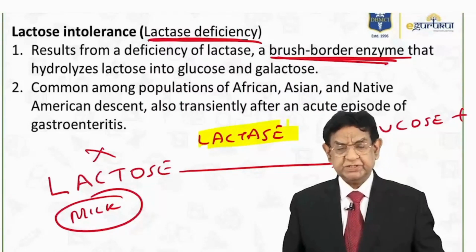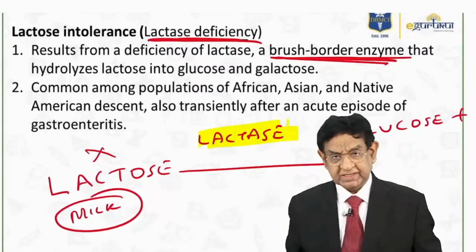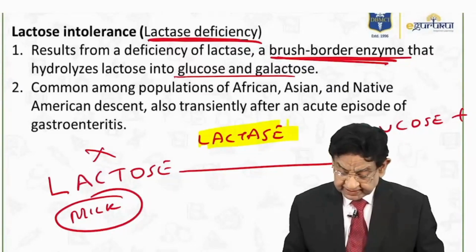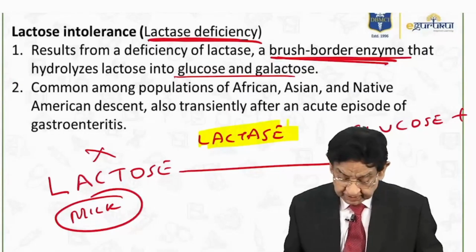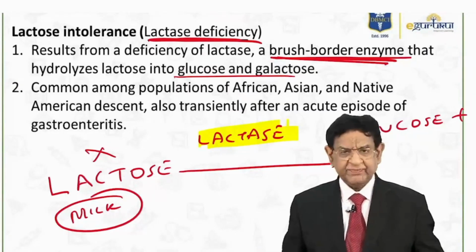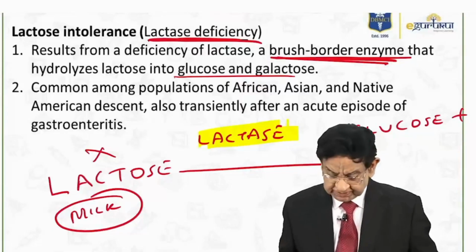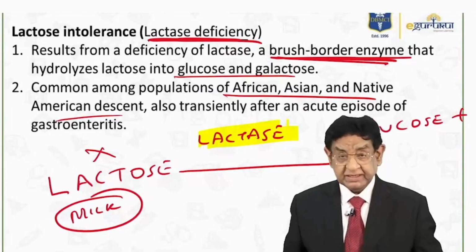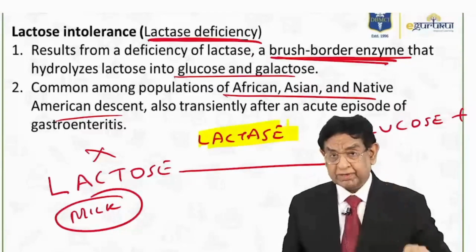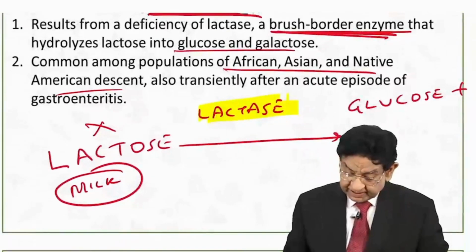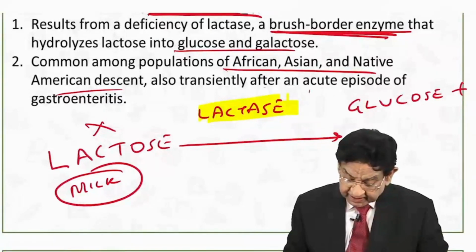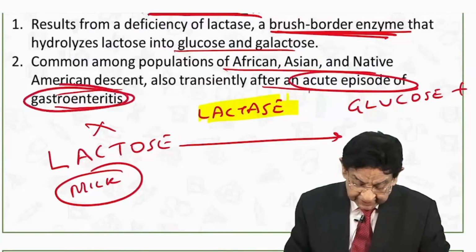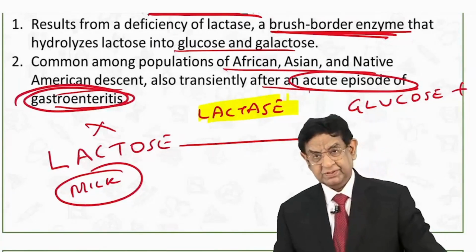It is there in the brush border of the small intestine. And I told you it breaks down into glucose and galactose, like I've already written. It's very common. In fact, it is a pan-globe problem, especially in Africa, Asia, and Native American descent. But what is more important, it may occur transiently after an acute episode of gastroenteritis.